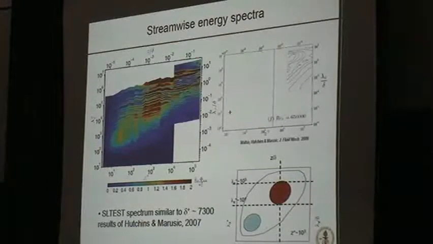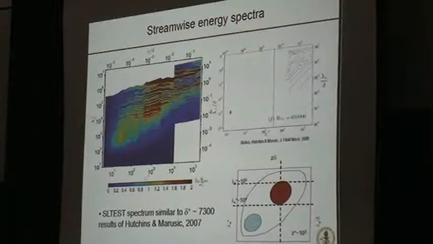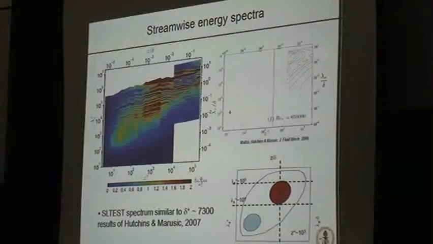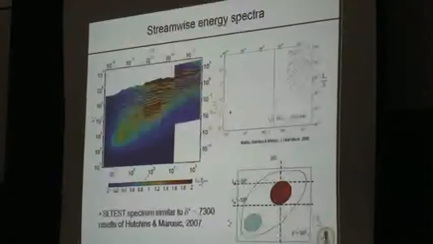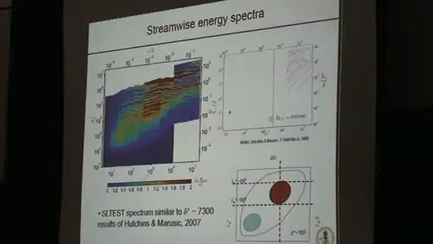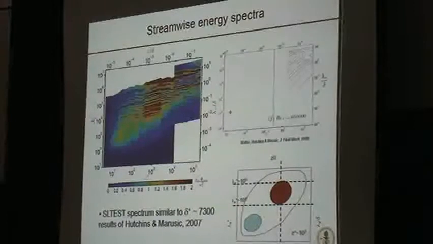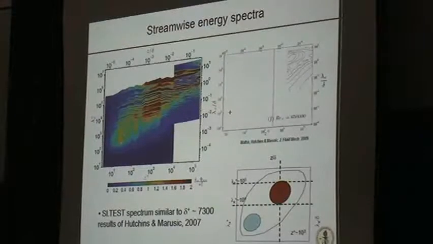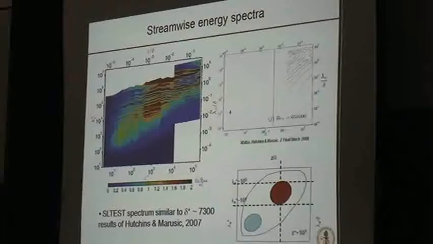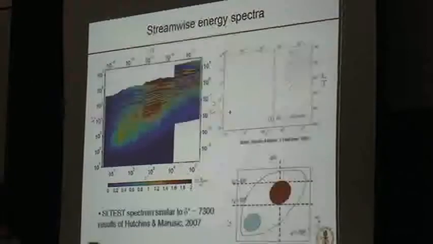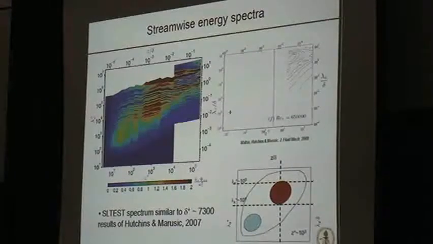But the thing to point out is, whereas these two are reasonably close in the laboratory boundary layer, so this second peak is between a lambda x plus about 10 to the 4 and 10 to the 5. Out here, we've gone from 10 to the 3 to between 10 to the 5 and 10 to the 6. So the scale separation is increased.